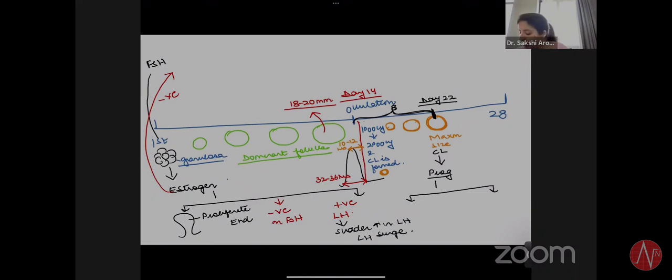Number one, it will support the endometrium, right? And number two, it will decrease LH. It will have a negative feedback on LH.